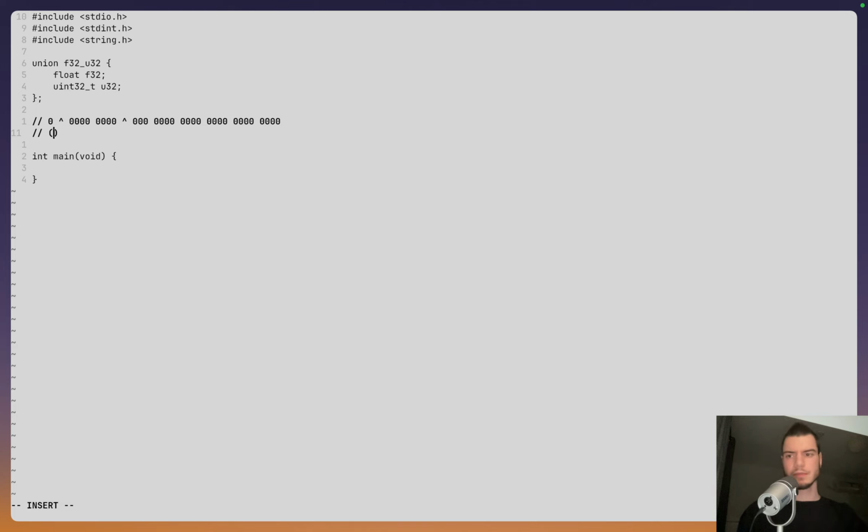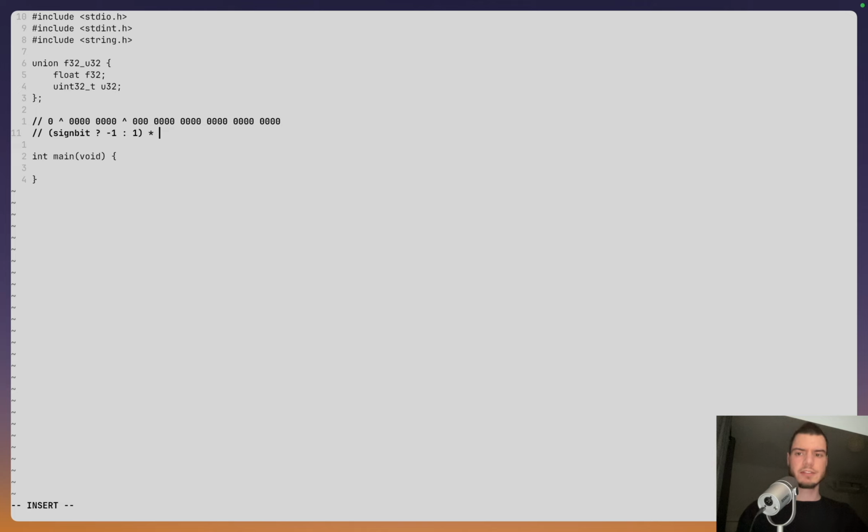Again, our 0 is the sign bit. So if the sign bit is set, we multiply the entire resulting number by -1, otherwise by 1, which is just identity. Multiply that by the rest of the number.